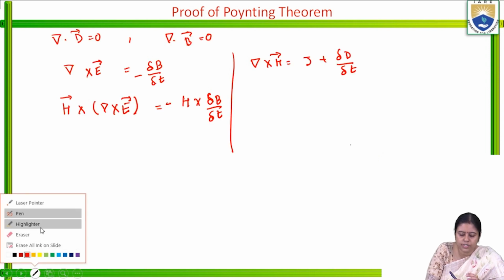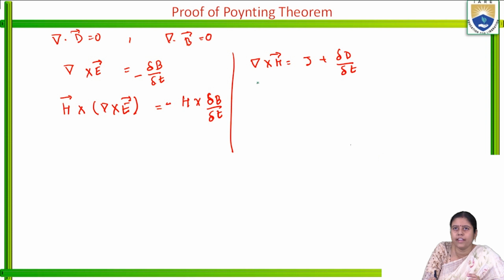Similarly, on the opposite side, I am writing with another ink, H means magnetic field density.